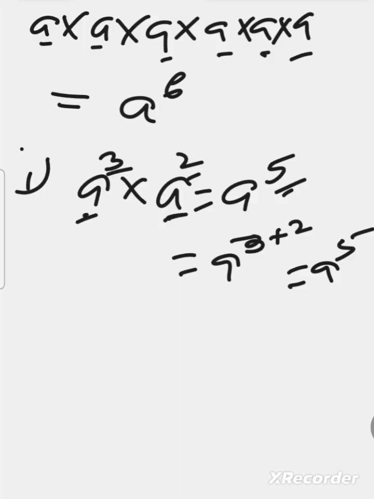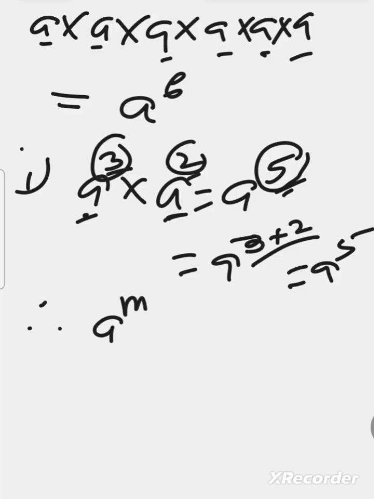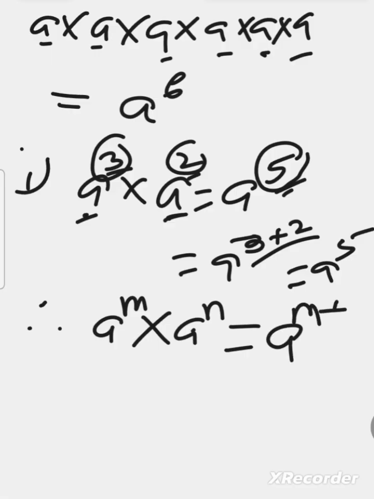So if the bases are common, if you look at our answer 5 and the powers were 3 and 2, what we have done here is just adding the indices. Therefore, if you are given a power m multiplied by a power n, this will give us a power m plus n, and this is our first law of indices.